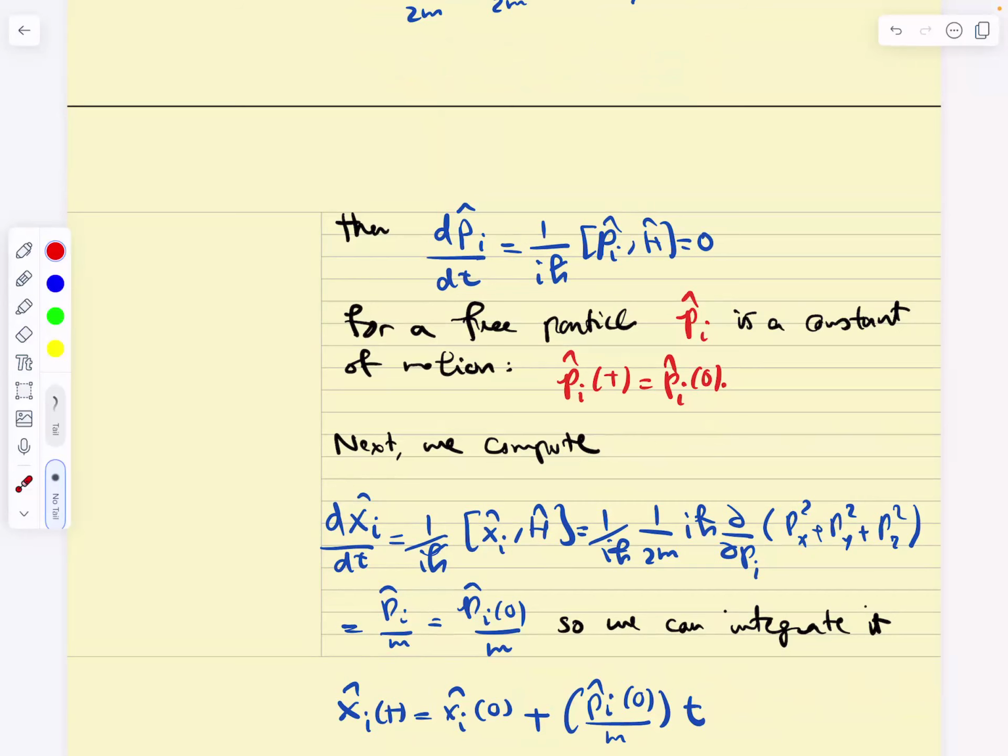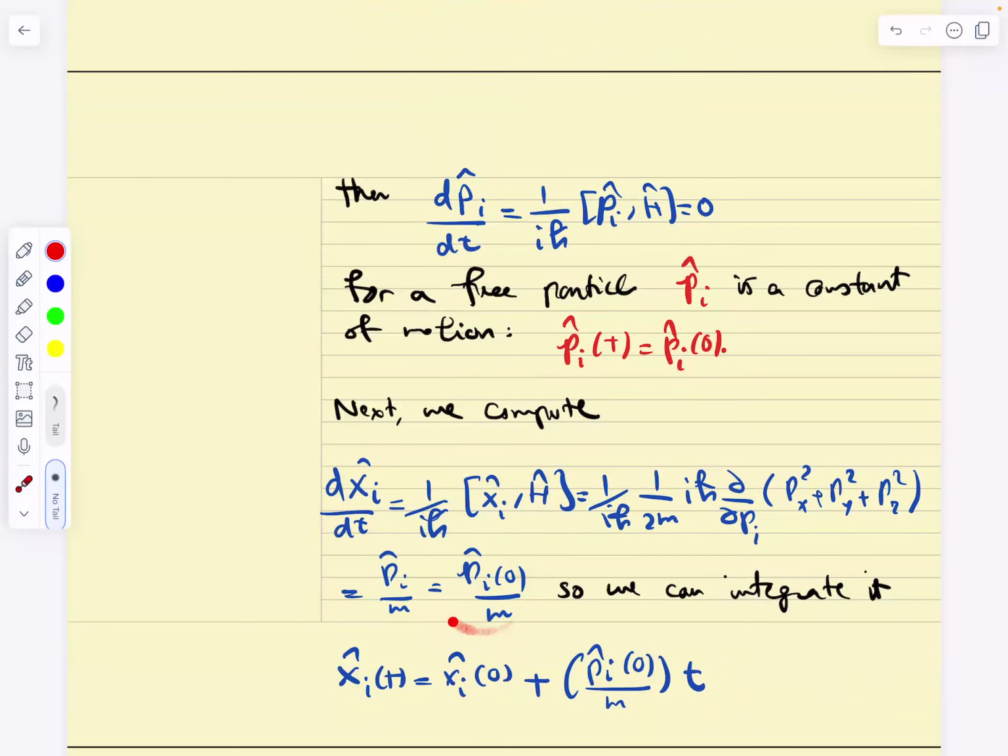This example is so simple that because this is time independent, I can explicitly integrate the Heisenberg operator and write down the operator equation. Xi of t is xi of 0 plus pi of 0 over m times t.